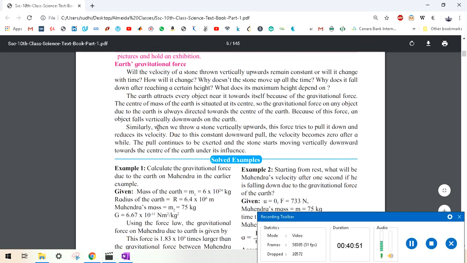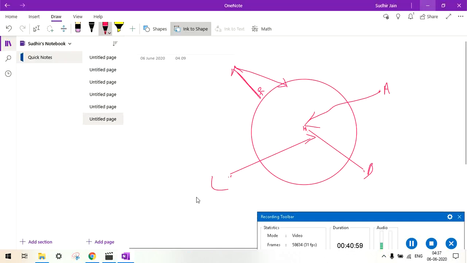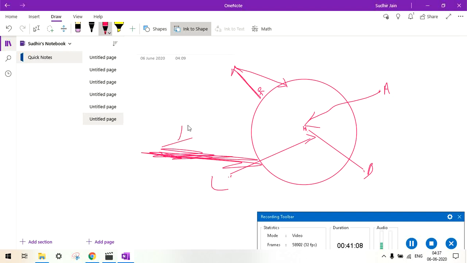Similarly, when we throw a stone vertically upward, this force tries to pull it down and reduces its velocity. Let's say I'm on the ground, this is my ground, I'm standing here, and I'm throwing a stone. Let me draw a stone at least.